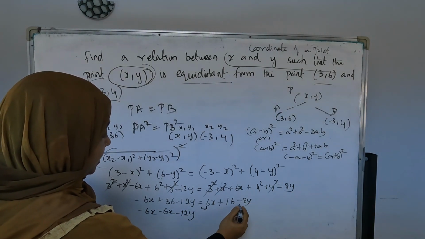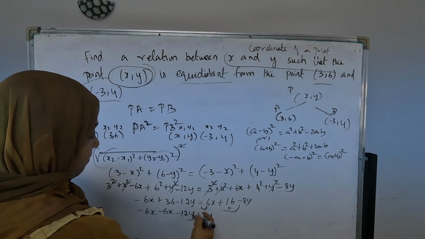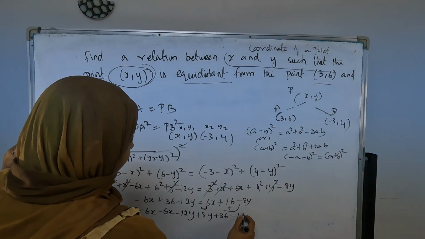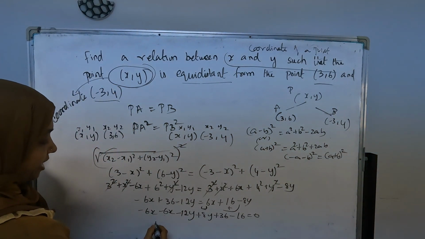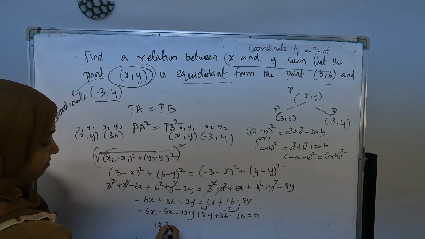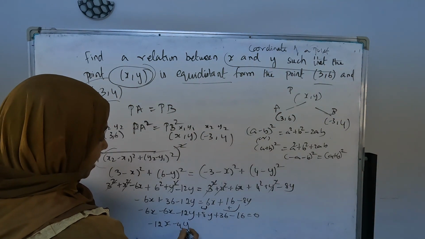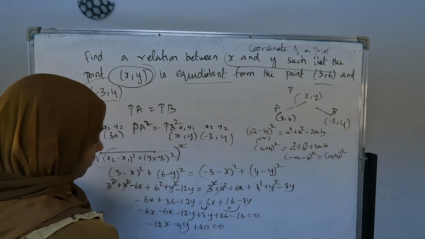This is coming to this side as plus 8y. Then plus 16 coming to this side is minus 16. Already plus 36 is there, that we will write minus 16 equal to 0. Now we will combine, minus 12 plus 8 is minus 4y. And plus 36 minus 16 is plus 20 is equal to 0.